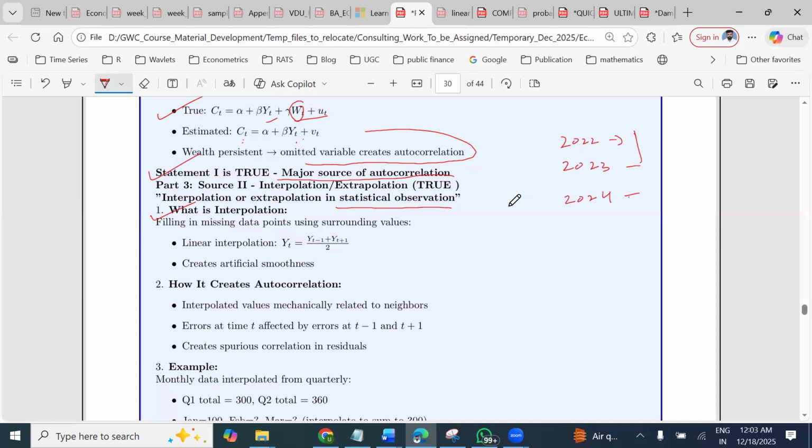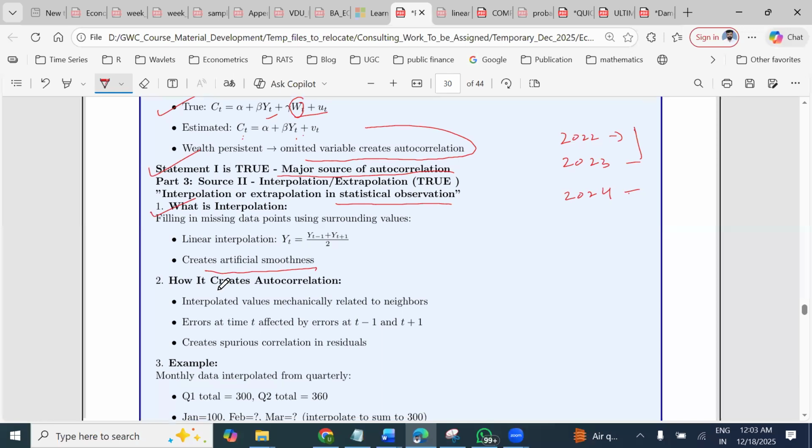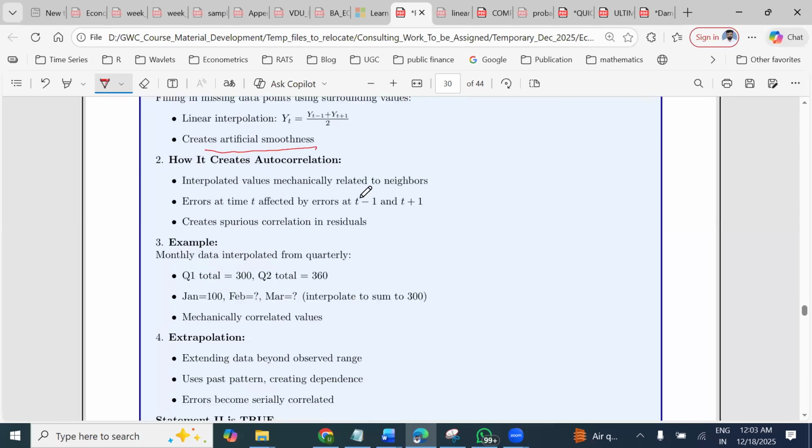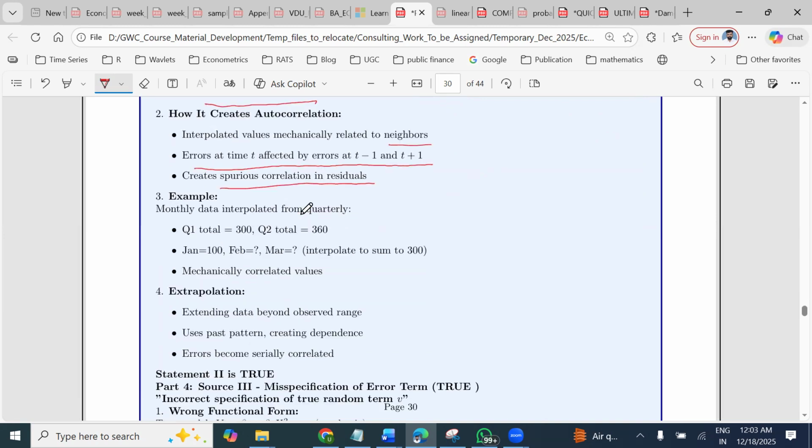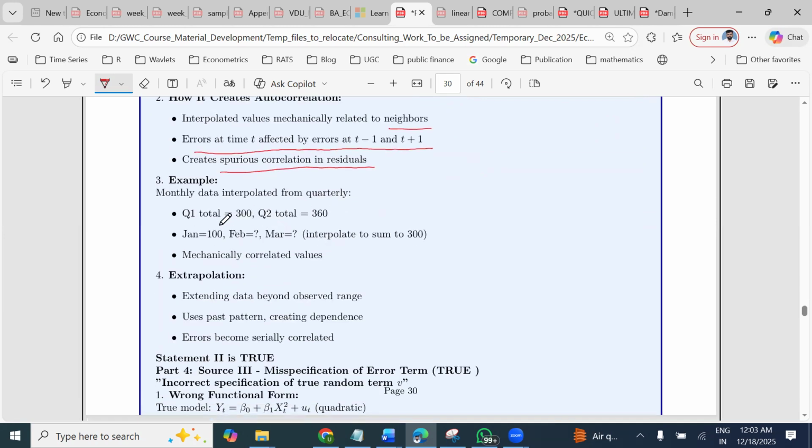Yes, sir. Okay. So basically it will create an artificial smoothness in the data. But how will it create autocorrelation? First of all, interpolated values are coming from the neighbors only, isn't it? So errors at time t will be affected by the errors at t minus 1 and t plus 1. So it will create spurious correlation in residuals. Suppose, for example, you are converting quarterly data to monthly data.